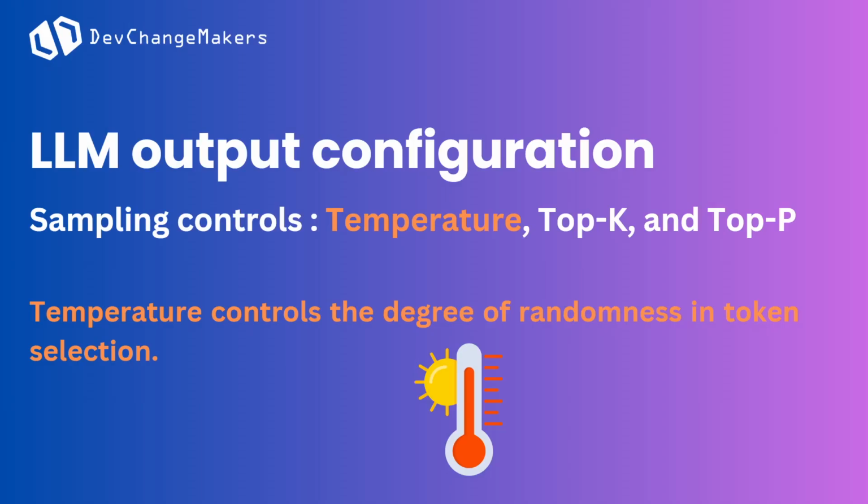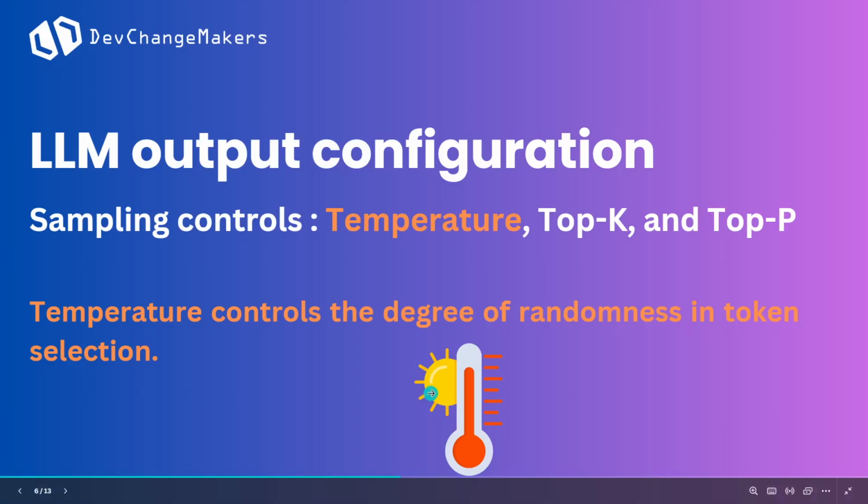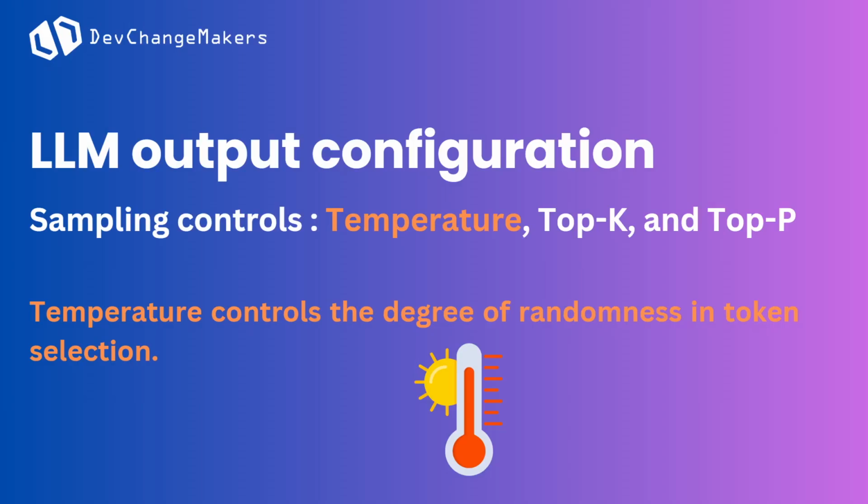So I give the prompt and the LLM gives me the output. But how? What's the mechanism behind it? There are so many sampling controls that handle it. Among them, the top three are temperature, top K, and top P. So what is temperature? I added a picture here that is actually an indicator of today's temperature, not what temperature means in an LLM.